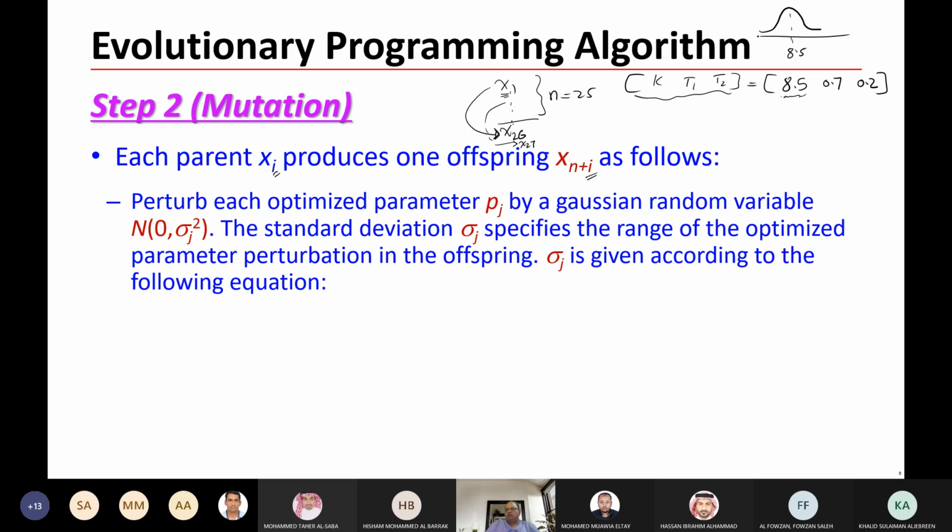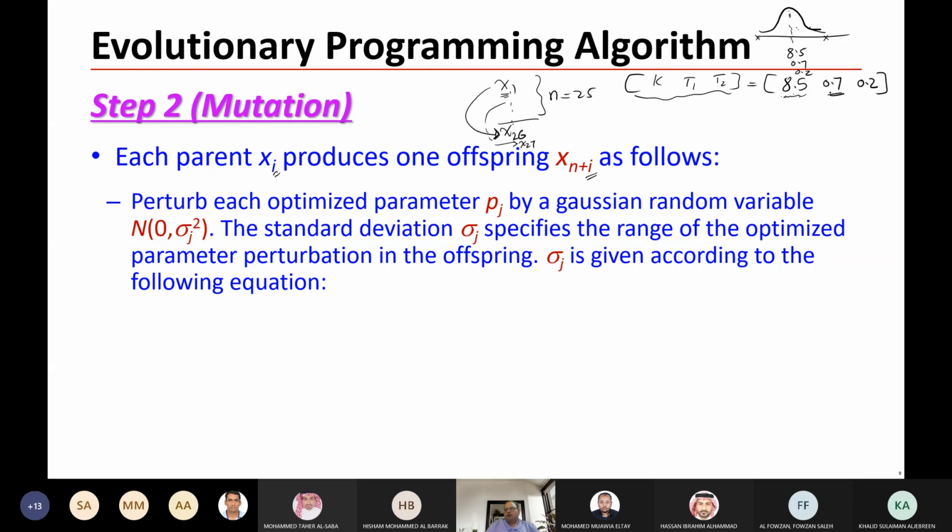So you are going around the 8.5 mainly. You can go very far from 8.5 with very low probability. So around the 8.5, you will perturb the solution. Around 0.7, you will find a value which is near to 0.7 with this distribution, or 0.2, okay?